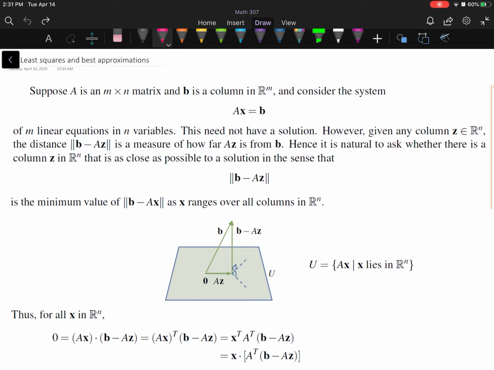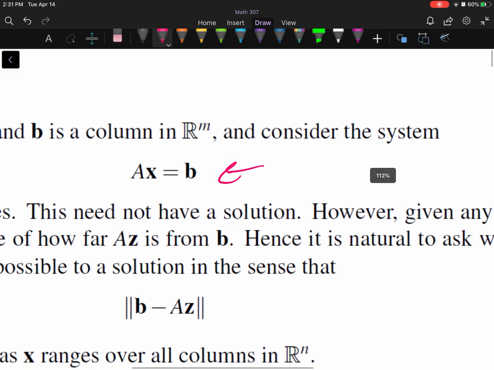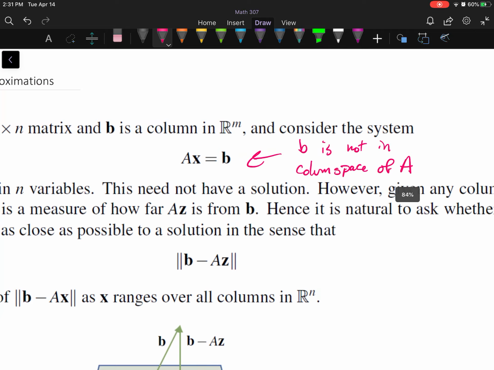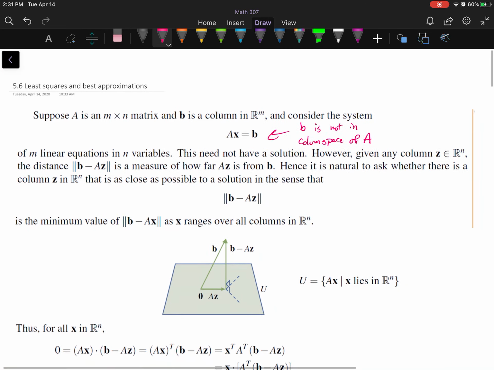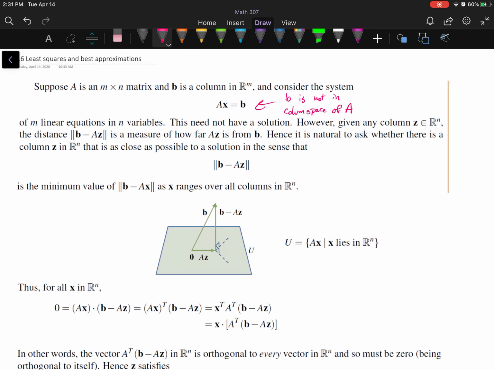So let me write here that throughout the entire experience today, B is not going to be in the column space of A. We have a system where we're given an abundance of information at the beginning, and therefore there's not one right answer.